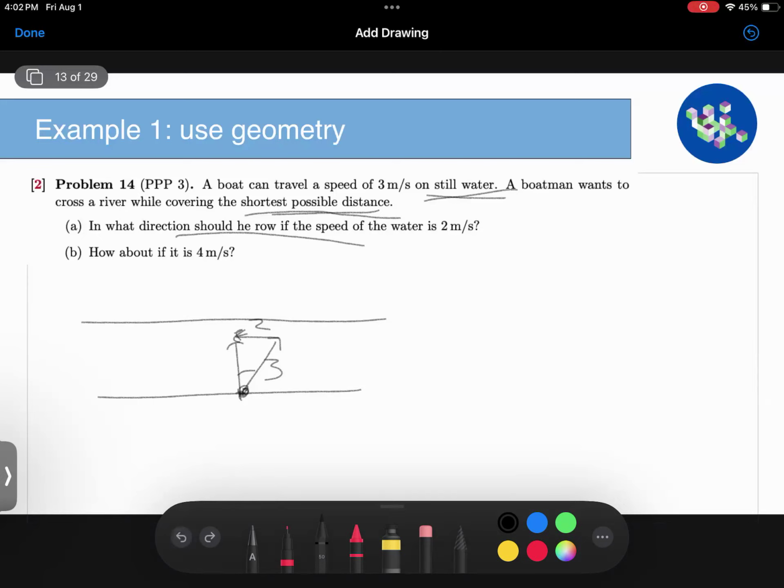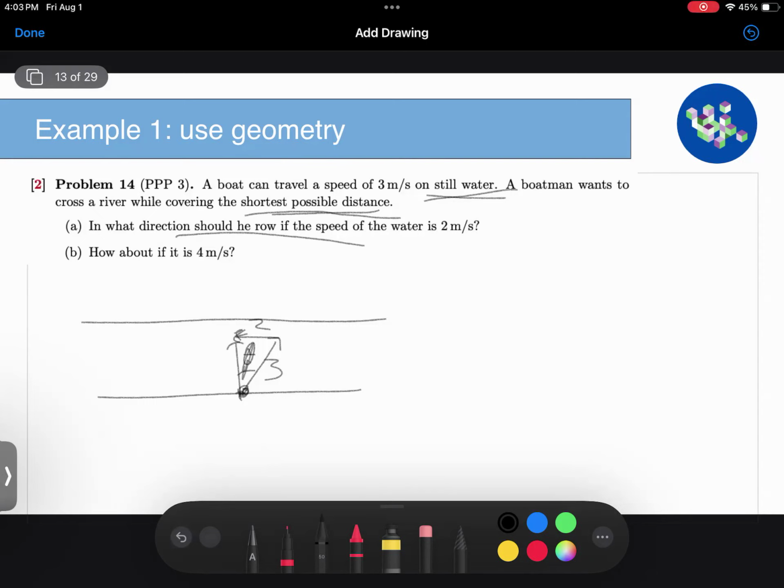So it will be an angle theta, where theta is equal to cosine inverse of... it should be cosine inverse of 2 over 3, I think.